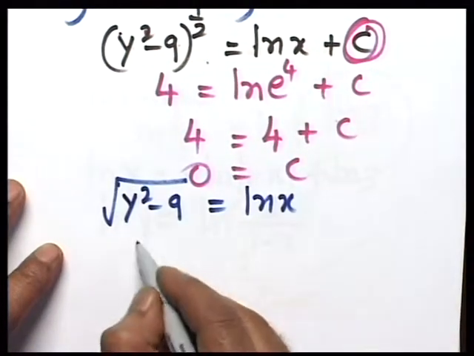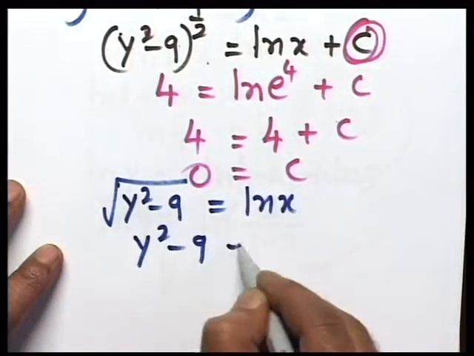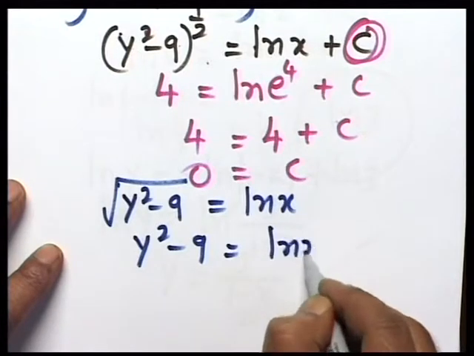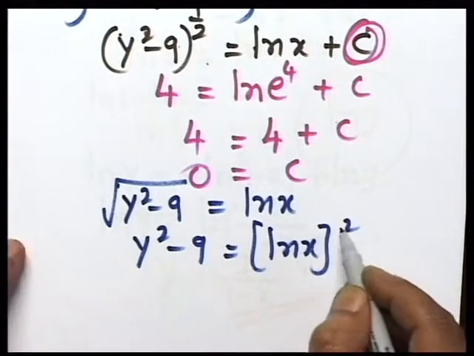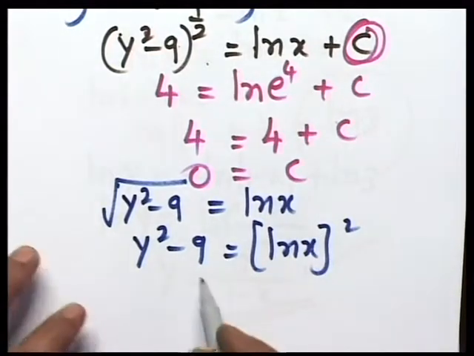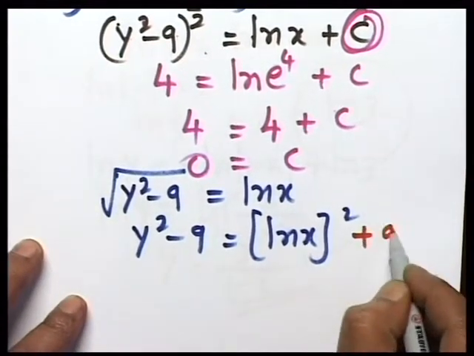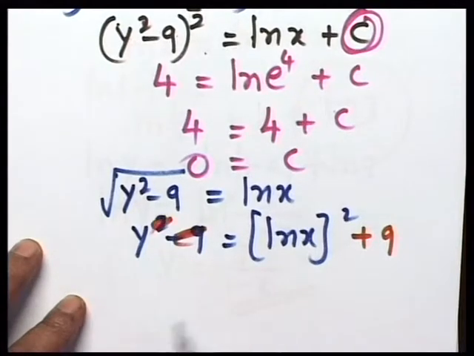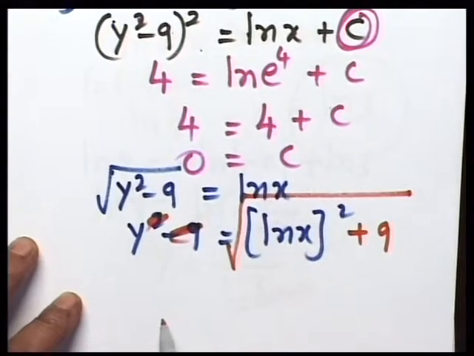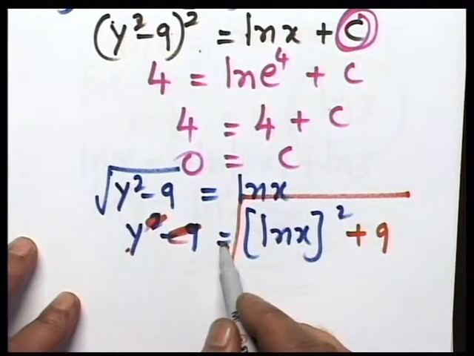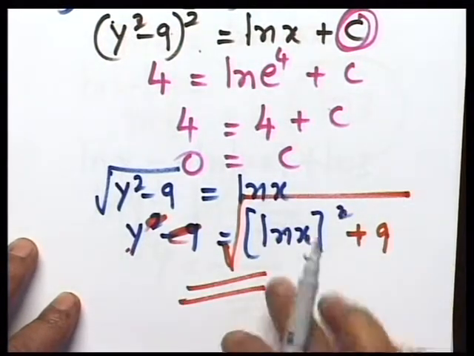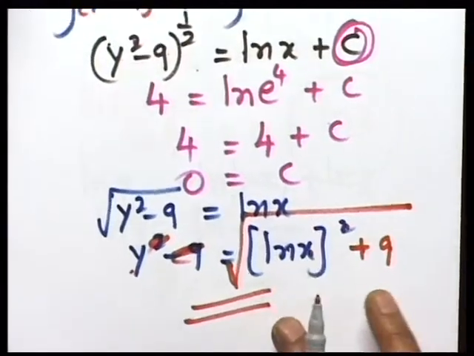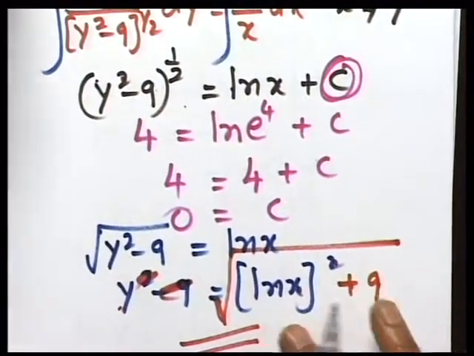I transfer the square, so we know how to solve these simple ones now. (ln x) whole square, please. Don't write ln x square here. That's a whole square. After that, move the 9, it will be a plus 9. And then move the square, it should be a square root. So y is equal to the square root of ((ln x) whole square plus 9). That's the particular solution of the equation that we got.